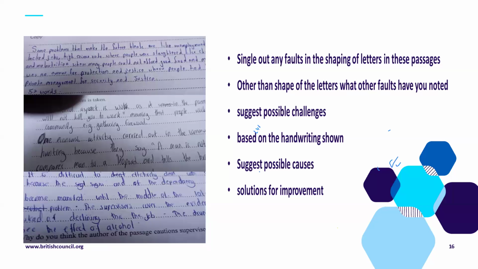So other than shape, I believe you can see several others. I believe maybe briefly in the chat box, what have you seen? Okay. Oluoko is saying something. Others, please. What do you think? What are the faults here in any of this?